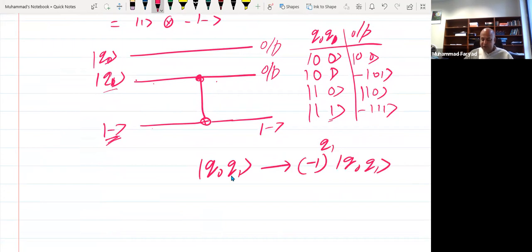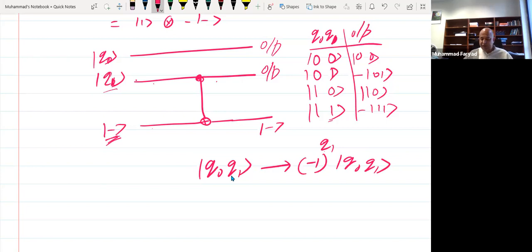Because when Q1 is 1, a minus sign is appearing, which is equivalent to saying (-1) raised to power 1. And when Q1 is 0, (-1) raised to power 0 is plus. So the state remains plus.